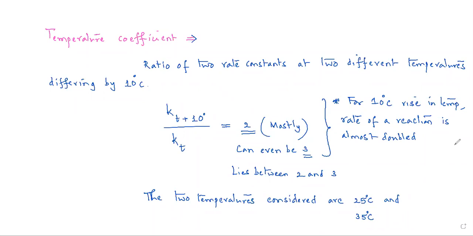The ratio is mostly 2. This can be even written as rate constant, because when concentration of the reactants is unity, then rate becomes equal to rate constant.